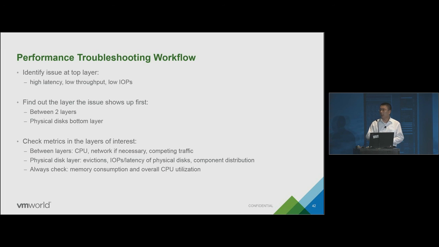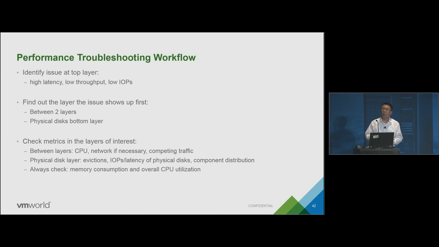See if it is CPU bottlenecked. Also check for network traffic and network errors if there is inter-host traffic involved. And also check for competing traffic, such as resync traffic that's running at the background, or if there is other VM rather than the workload VM that introduce competing traffic.